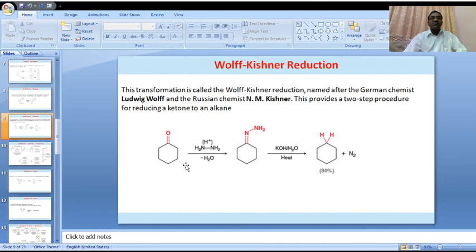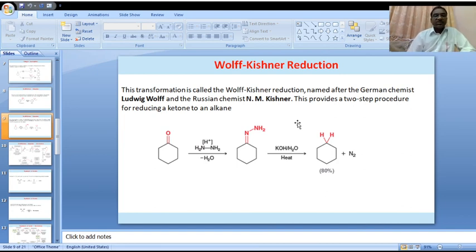Generally ketones on reaction with hydrazine in presence of acid, after loss of a water molecule, form hydrazones. This hydrazone, in presence of strong base, is converted to a normal alkane chain, with about 80% yield, and nitrogen is the byproduct.